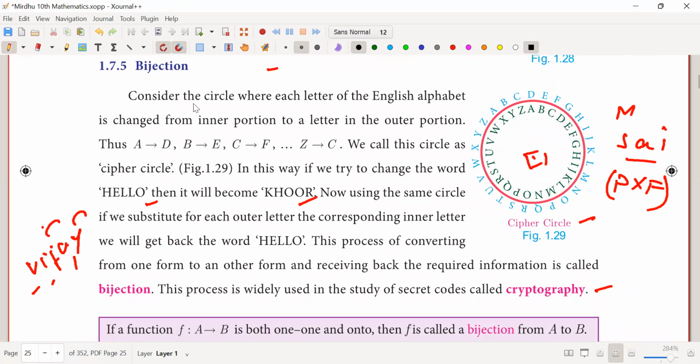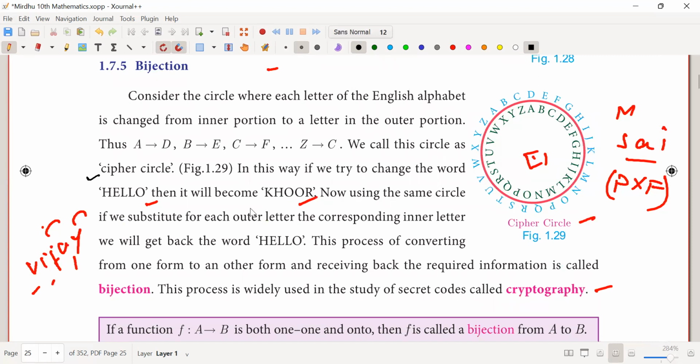Bijection. Consider a circle where each letter of the English alphabet is changed from the inner portion to the letter in the outer portion. Thus, A to D, B to E, C to F, Z to C. We call this circle the Cipher Circle. In this way, if we try to change the word hello, it will become Khoor.